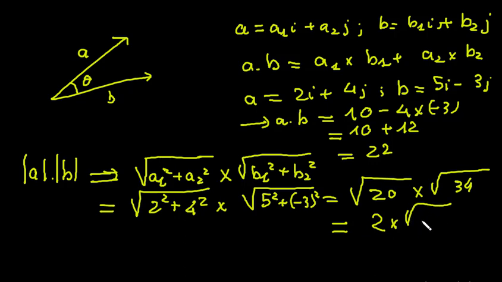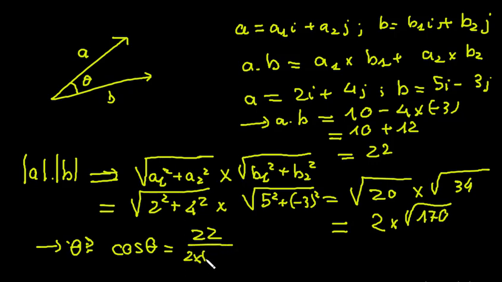In this case, in order to find theta, we have cos theta equal to 22 over the square root of 2 multiplied by the square root of 170, which is equal to 0.843.